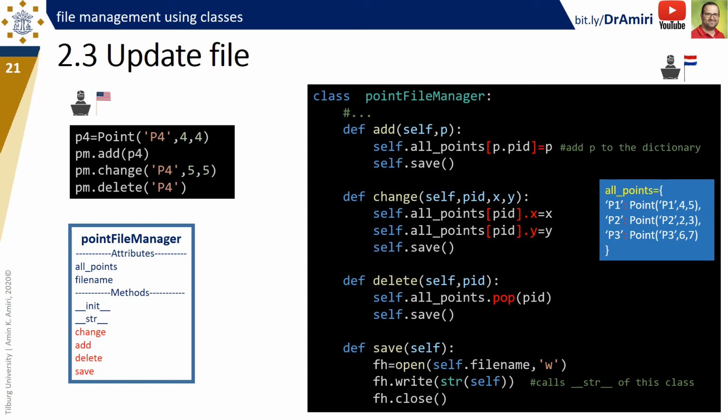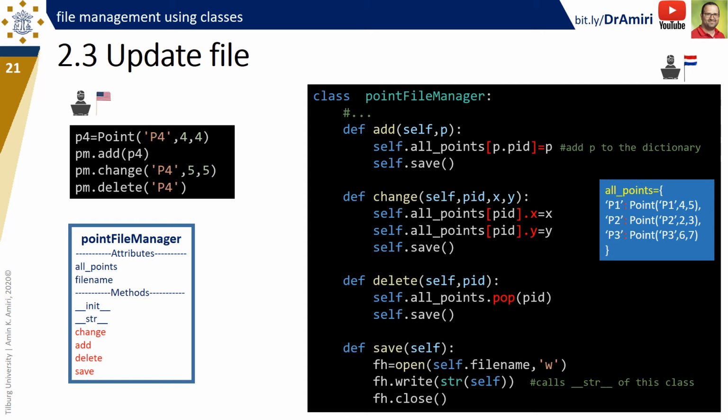The user wants to write down pm, the point manager, the file manager class, then add and p4, and wants the point p4 to be added to the file. As you can see here, the user wants to have one argument, and that argument is an instance of the class point.